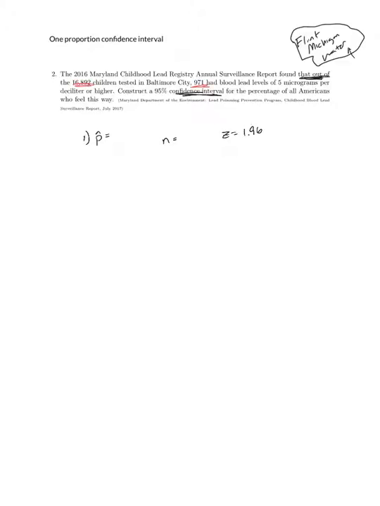N should be our overall sample size, and so that is out of the 16,892 children. P hat then would be the percentage who have the characteristic we're looking at, that is, had blood levels of 5 micrograms per deciliter or higher. So p hat is going to be the 971 out of 16,892.